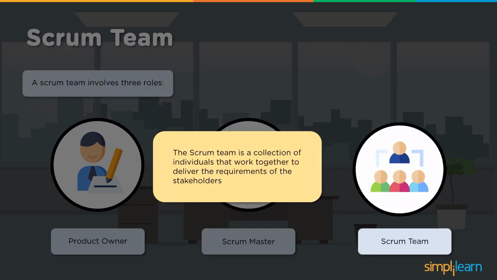Then the Scrum team is a collection of all the individuals who work together to deliver the requirements of the stakeholders. So a self-organizing team, as we were discussing earlier. These teams come together, and each team member will have different capabilities. They contribute at the individual level, and the team as a whole complements and contributes towards the ultimate output, outcome and value they need to create.